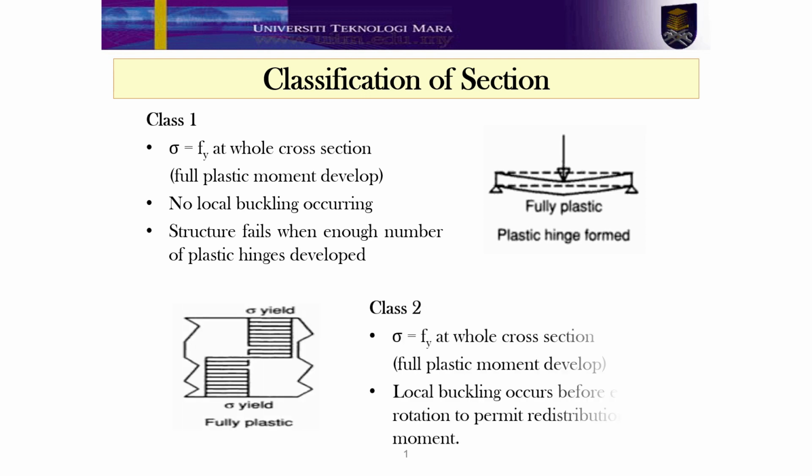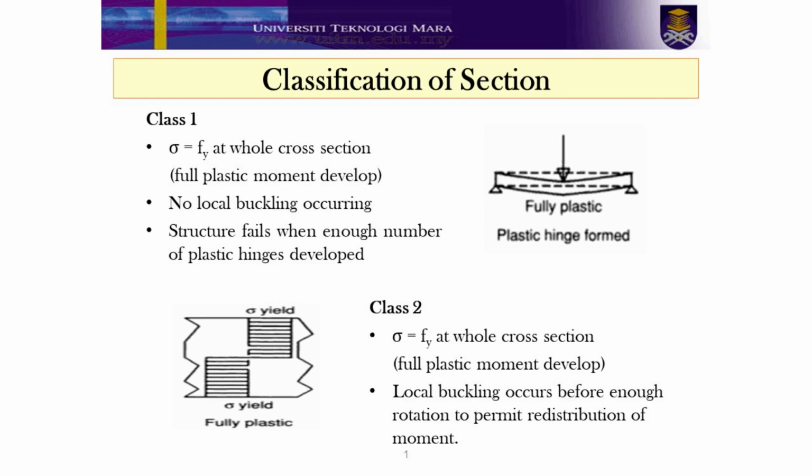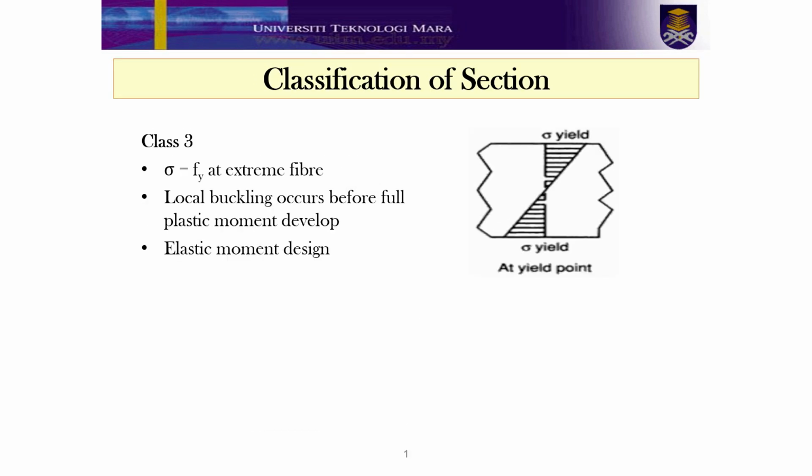Class 2 is compact. The compact section still allows the full plastic moment to develop. However, the section has a tendency to experience local buckling due to failure to redistribute moment. This means the section only has limited rotational capacity. In contrast to Class 1 and Class 2, under applied loading condition, the Class 3 section is still able to achieve the yield strength.